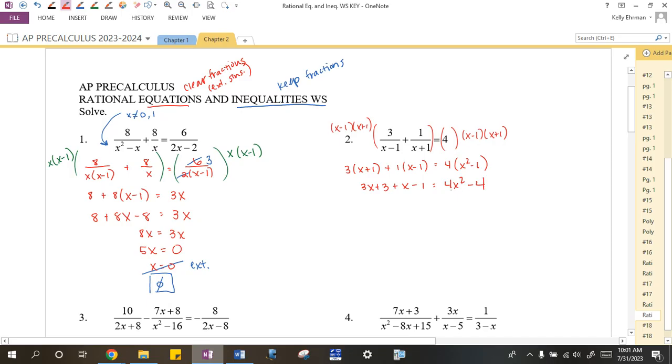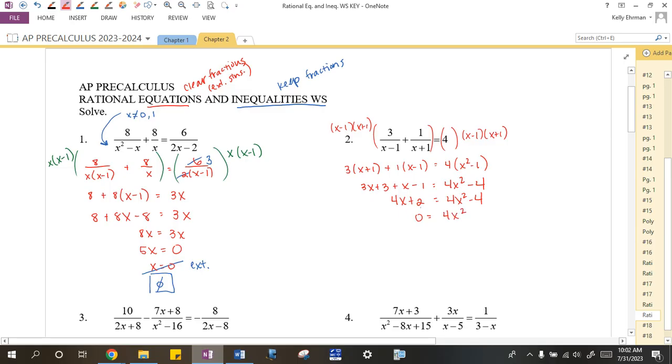I see that I have an x squared, and I like to keep mine positive, so I'm going to move everything to the right side of the equation, but I can clean this up a little bit first. Over here I have 4x plus 2. I'm also noticing I can divide everything by 2, but I'll do that after I get it equal to 0.